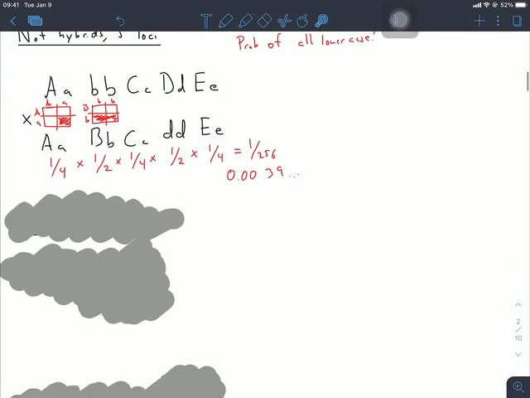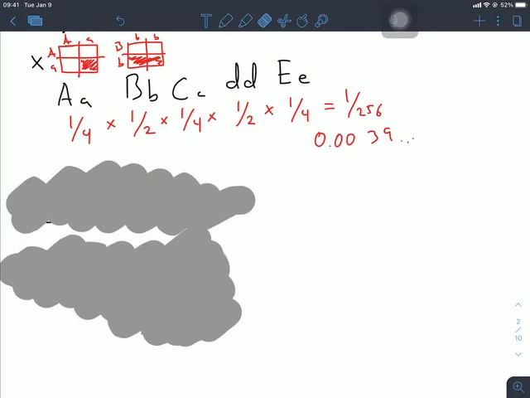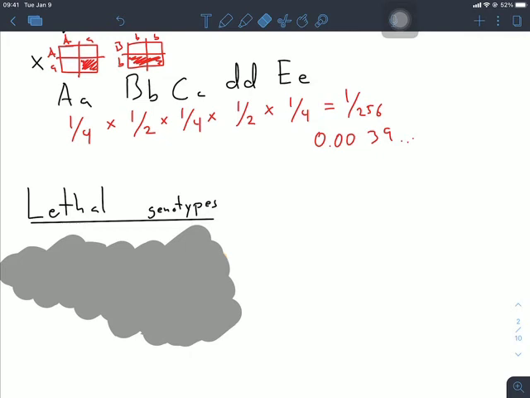All right, next up, next class of problems. What happens if you're in a situation where not all of your genotypes survive? What happens if these probabilities aren't always going to be 1/4? Like with lethal genotypes. Do we remember any diseases that happen to have lethal genotypes?